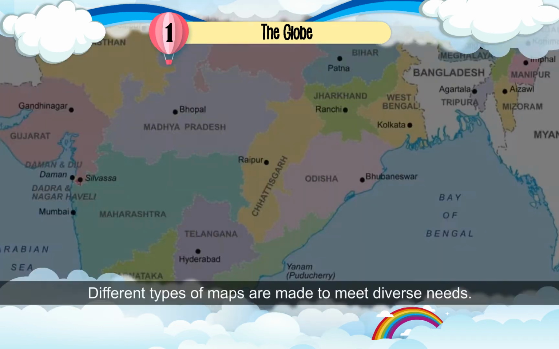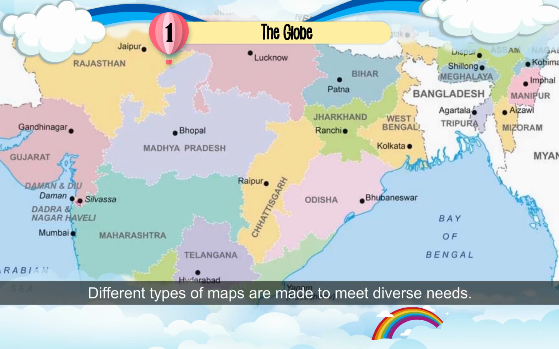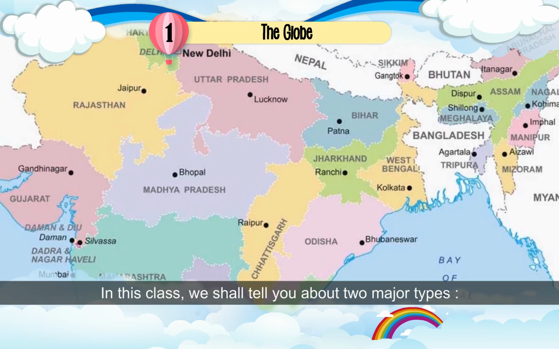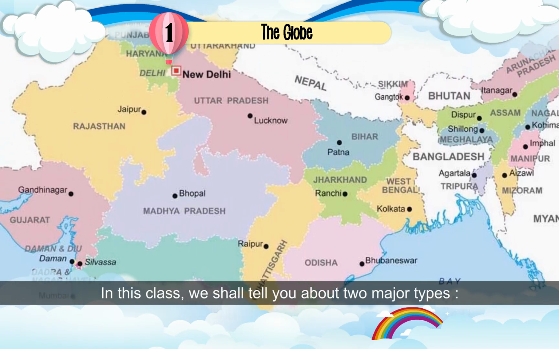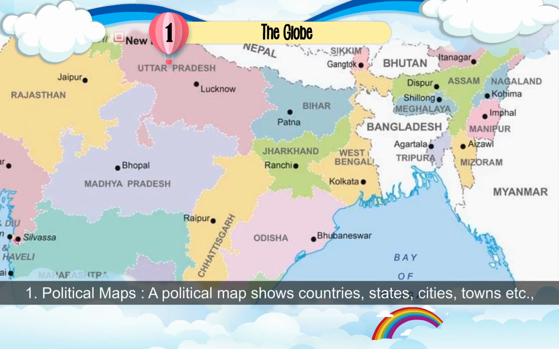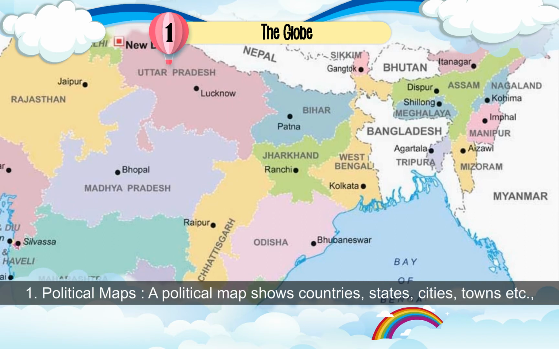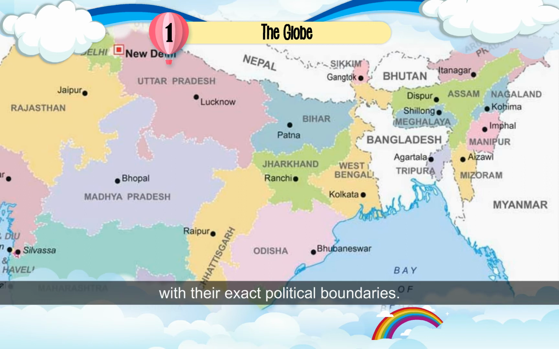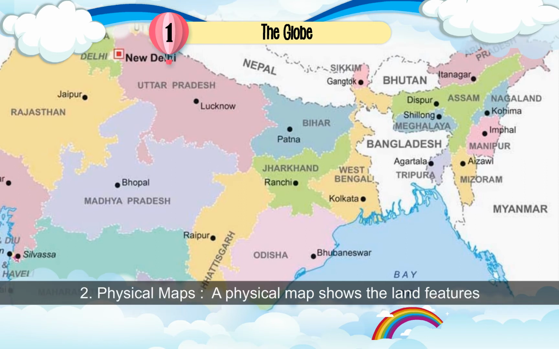Types of maps. Different types of maps are made to meet diverse needs. In this class, we shall tell you about two major types. 1. Political maps. A political map shows countries, states, cities, towns, etc. with their exact political boundaries. 2.